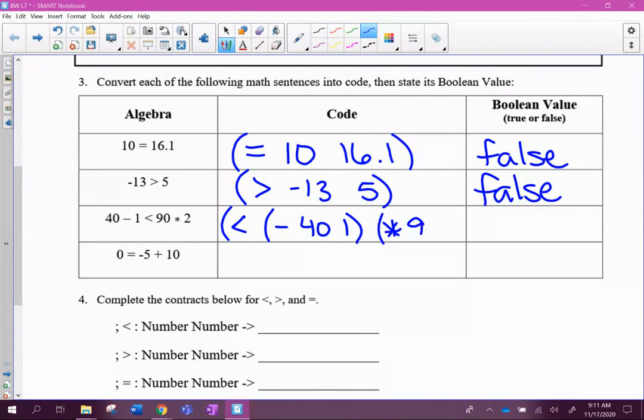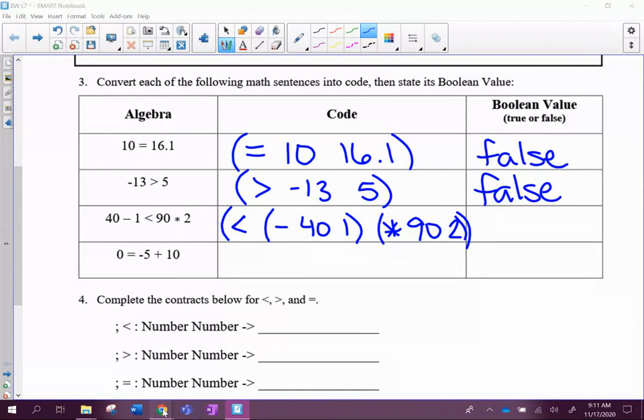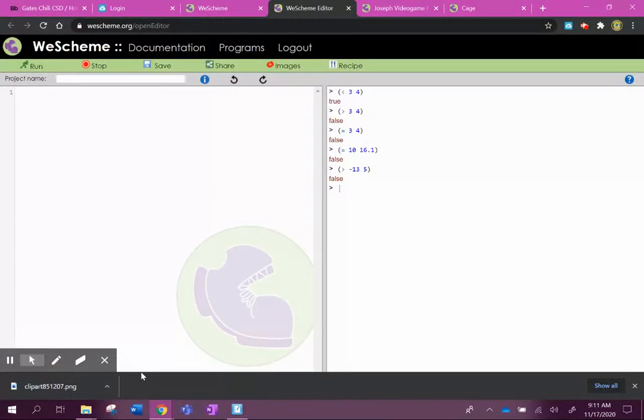So multiply 90, 2 parentheses. So into Wii Scheme, less than, minus 40 1, times 90 2. True.